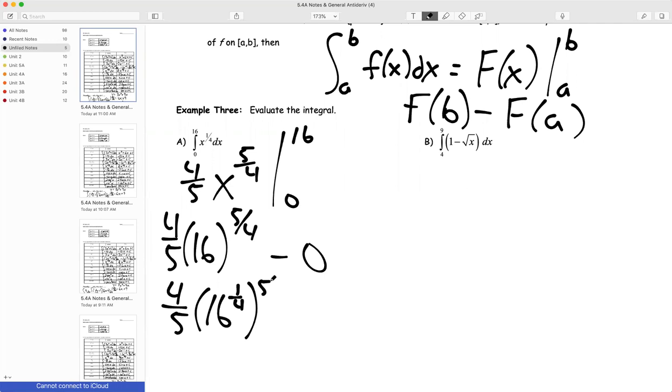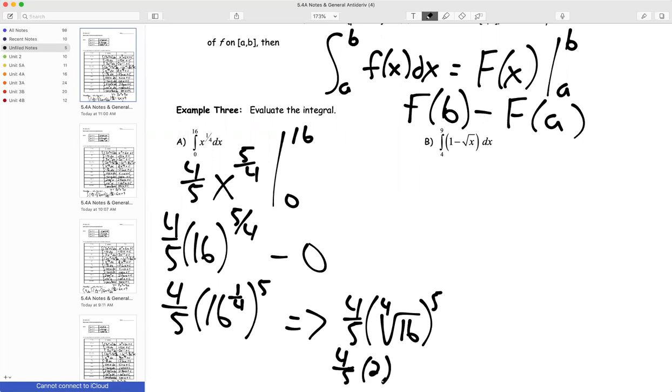And I could write this as 4/5 times the 4th root of 16 raised to the 5th. What's the 4th root of 16? 2. So this is 4/5 times 2 to the 5th. And what's 2 to the 5th? 32. So this is 4/5 times 32.